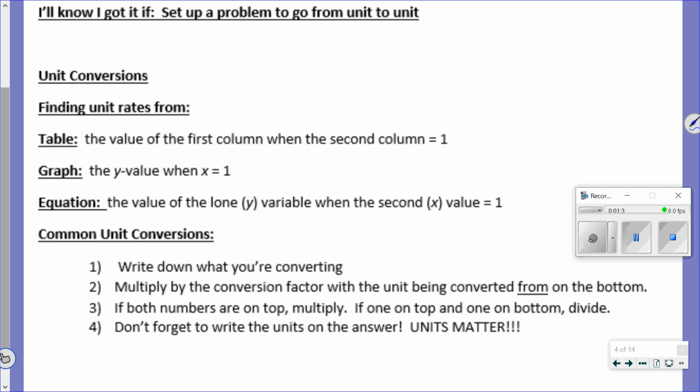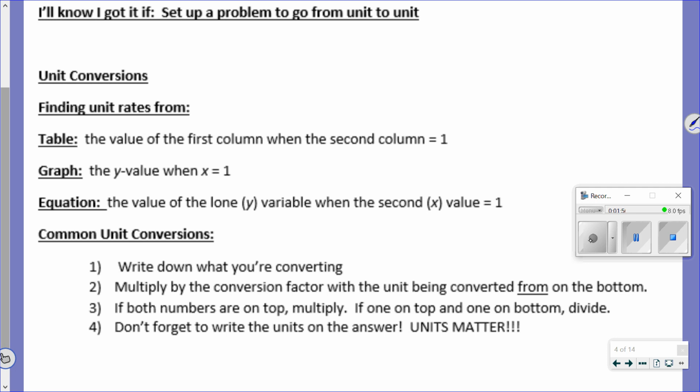If we are doing unit conversions, you write down what you're converting, whatever they tell you to convert. You multiply it by the conversion factor. So first put the unit, then a division bar, and put your conversion factor on the other side. What I'm converting to goes on top, and what I'm converting from goes on the bottom.